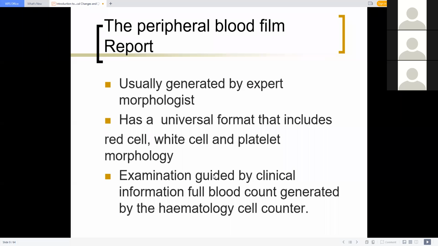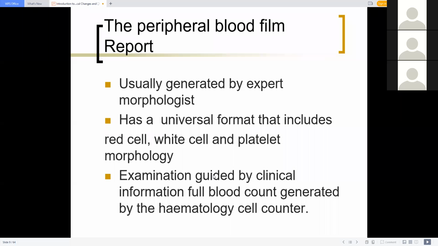Okay, so then we come to the peripheral blood film report. As doctors in various fields, you'll be receiving peripheral blood film reports, which are generated by expert morphologists, and those are the hematologists.